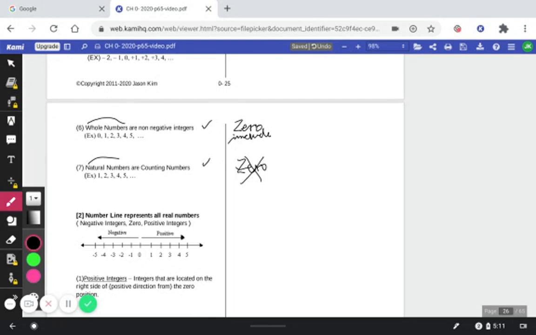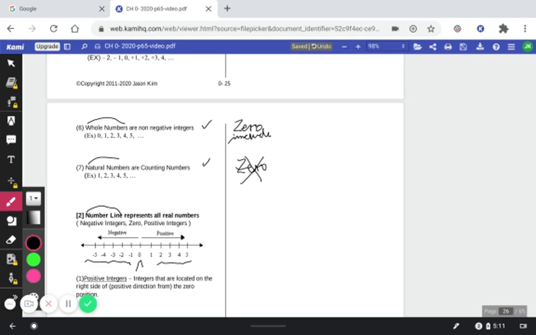Now there is a line with all the numbers in it. We call it the number line. The number line represents all the real numbers. So these are negative integers, 0, and then you have positive integers.